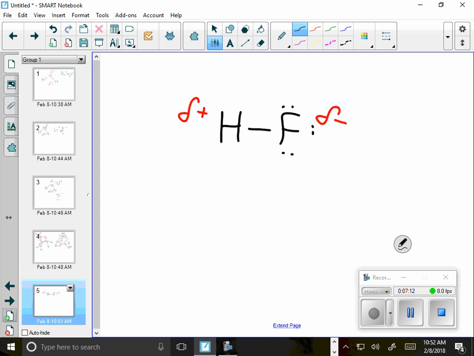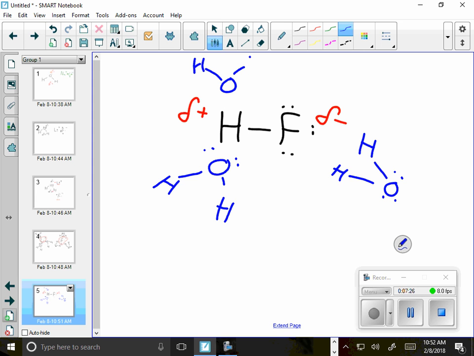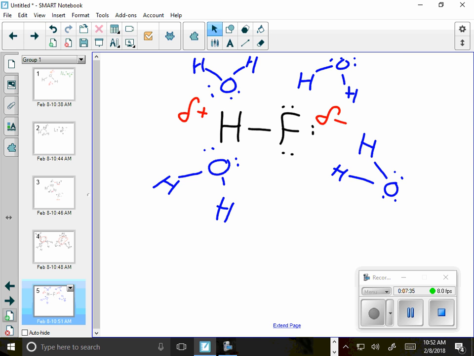Instead, what will happen is water will now surround. I'll draw the water in blue. Draw another one up here if I wanted to. So if it's a covalent compound, you don't actually break apart that covalent bond.